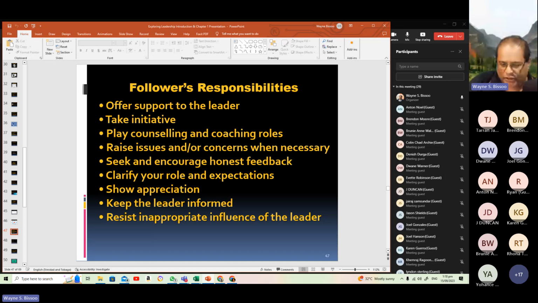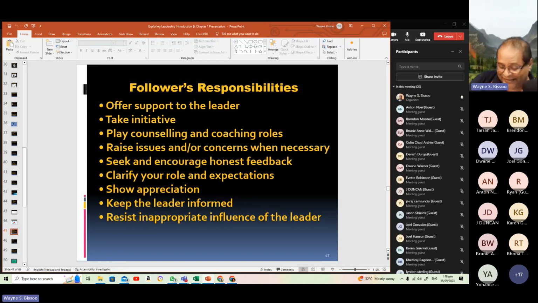Show appreciation not only to the leader but also to other followers as well. Keep the leader informed, which is critical across the board, and resist inappropriate influences of the leader. Don't let the leader lead you down the wrong path.